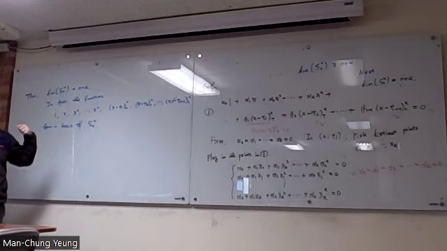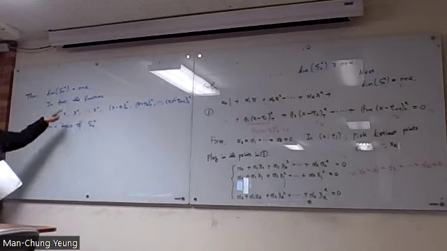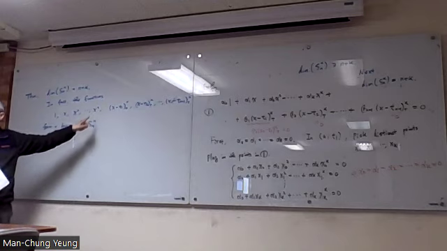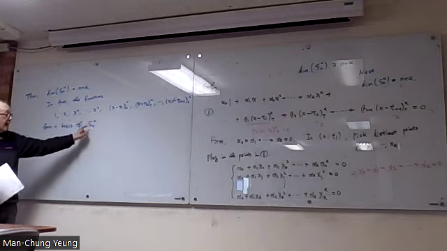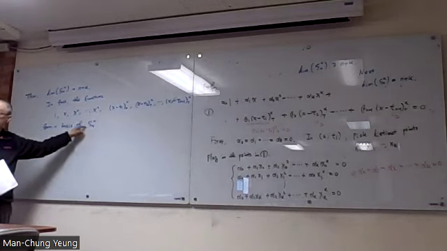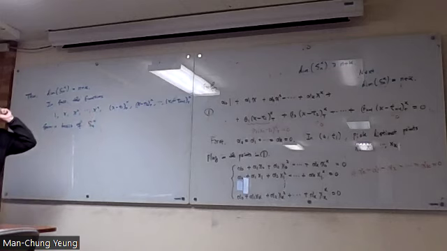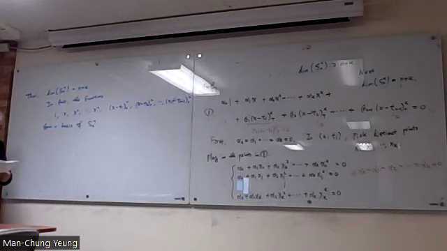Now, I want to show this is a basis. What does a basis mean? Any function from this space can be written as a linear combination of these n plus k functions. Now, proof.